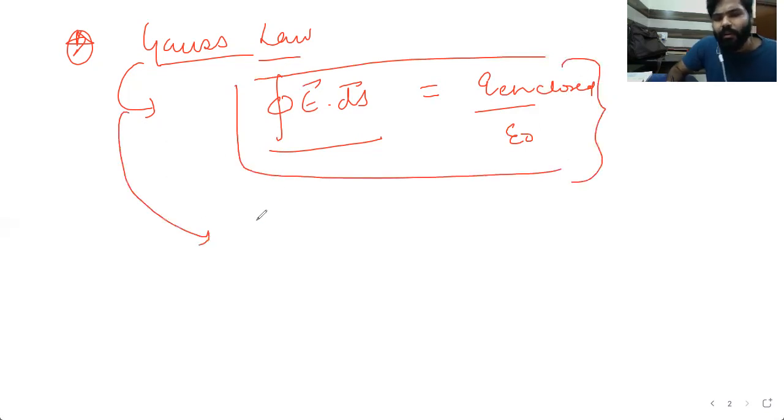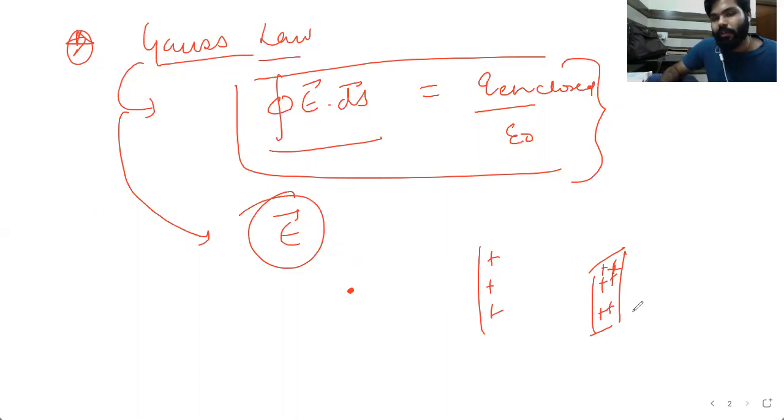By using Gauss law, you can find electric field of different charge distributions, like point charge, linear charge, surface charge, or volumetric charge when charge is distributed over a volume like a solid sphere or hollow sphere.